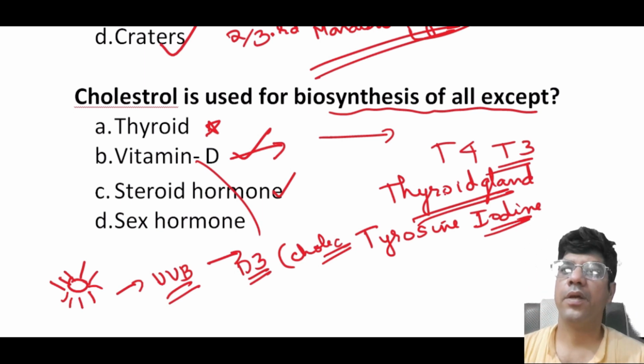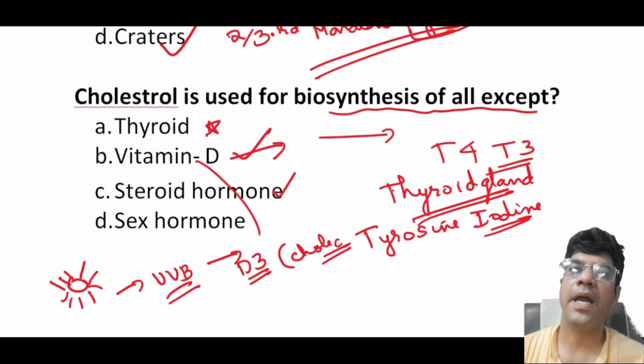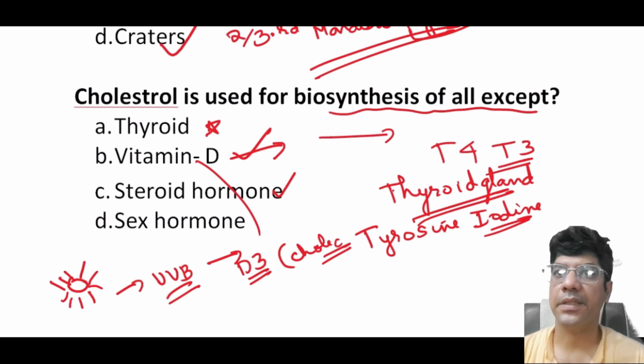The mineralocorticoids like aldosterone regulate the electrolyte balance and blood pressure. The sex hormones include testosterone, progesterone. So steroid hormones are synthesized in various endocrine glands including the adrenal cortex and gonads, and they are derived from the cholesterol through a series of enzymatic reactions.